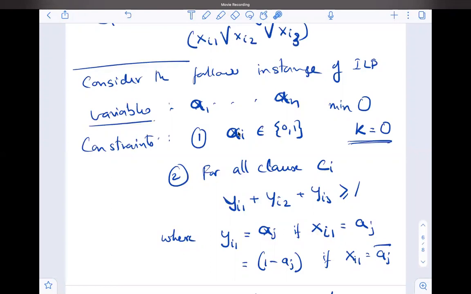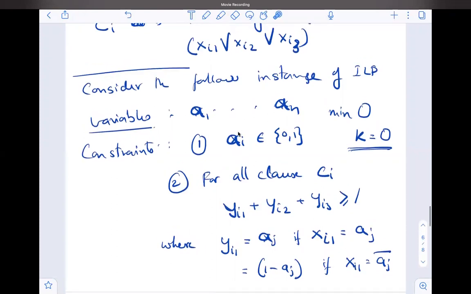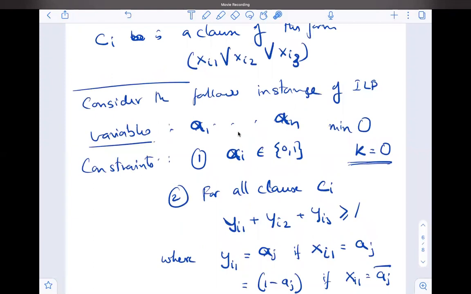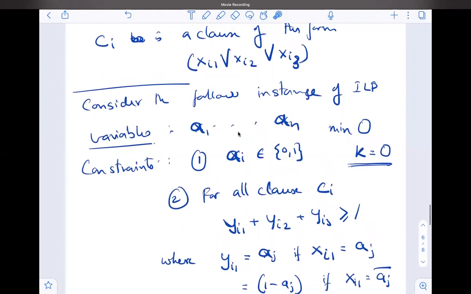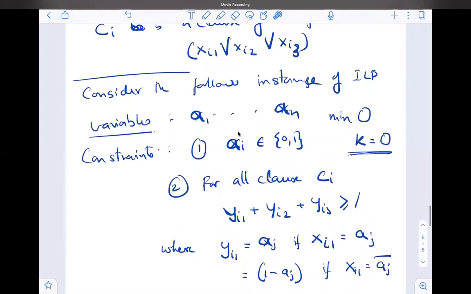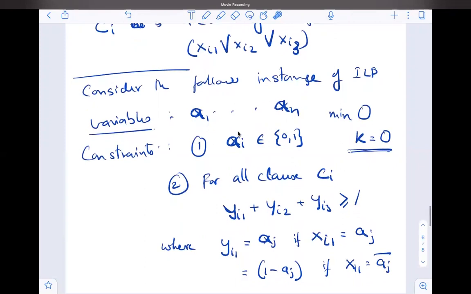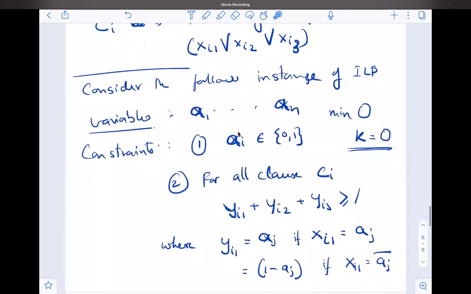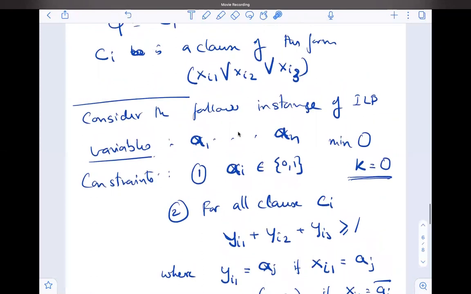Since this holds for every single clause, every clause is satisfied, which is all that we need. Now the opposite we also have to write, that there exists a clause which will have to be 0.